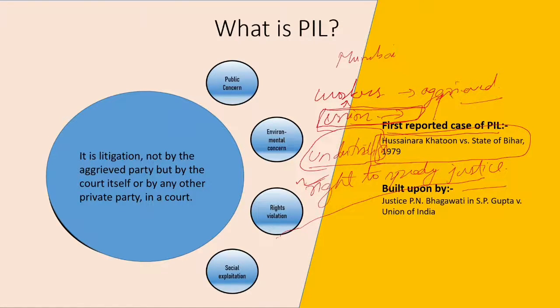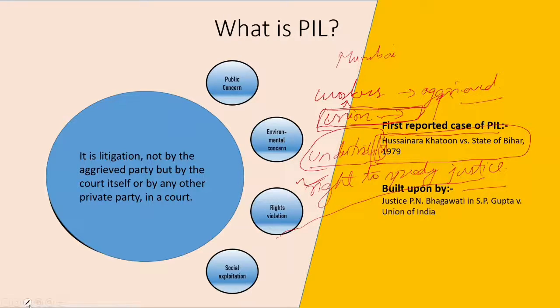But the Supreme Court, Justice Iyer, said that the union, since it represents the workers, has a legitimate concern and it can be a party to this case. So many scholars consider this Mumbai Kamgar Sabha case as the case where the seed of PIL was sown in India. The case is known as Mumbai Kamgar Sabha versus Abdul Bhai and others.